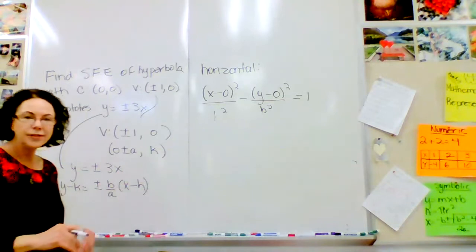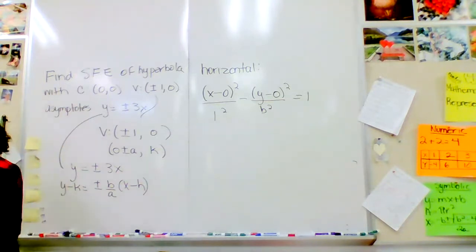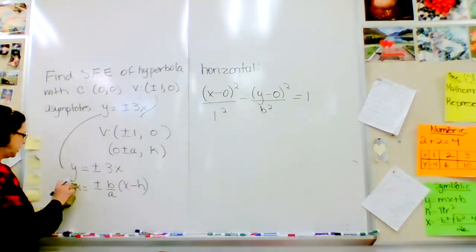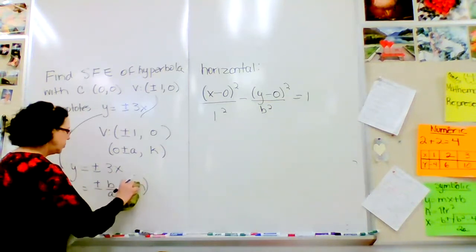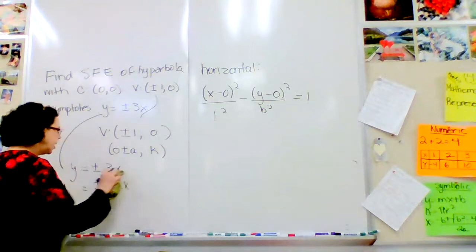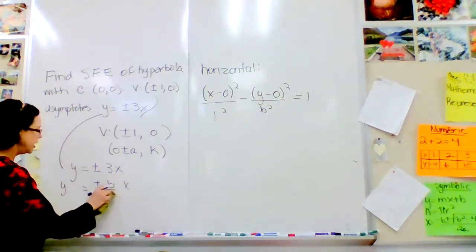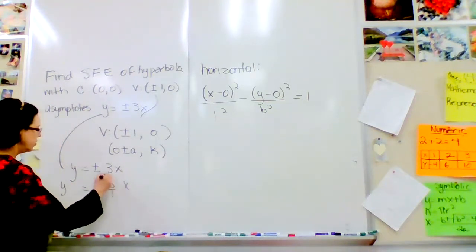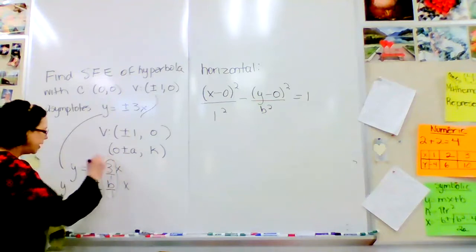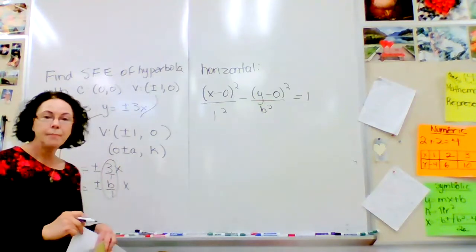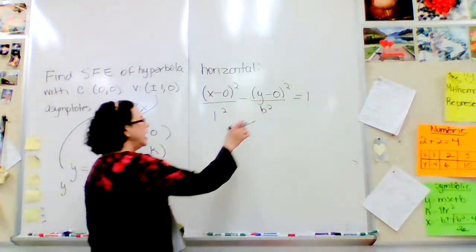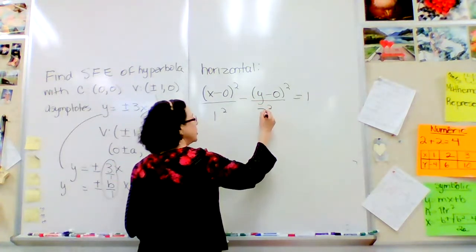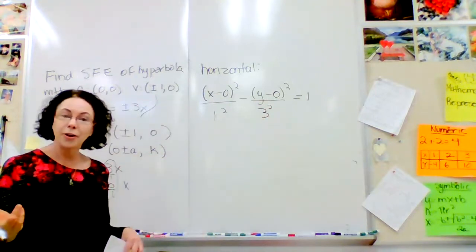Notice we already know that h and k are 0, right? So our left-hand side is a match. There we go, we have zeros there. Notice I also know that a is 1, right? So now when we compare, we can see that b must be 3 for the slope to be 3 over 1 there. And believe it or not, we are done writing our equation.